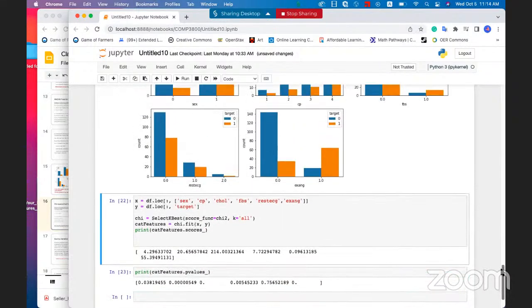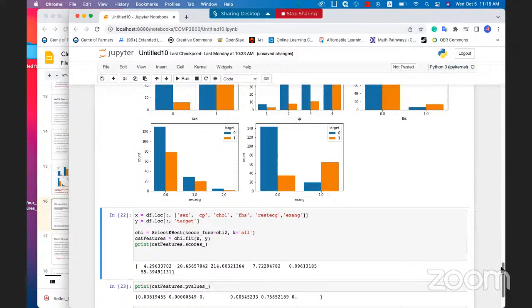So here, for the chi-squared score, which one has the most significant difference between the groups? Yes, the larger the chi-square score, the more significant the difference is between them for that feature.